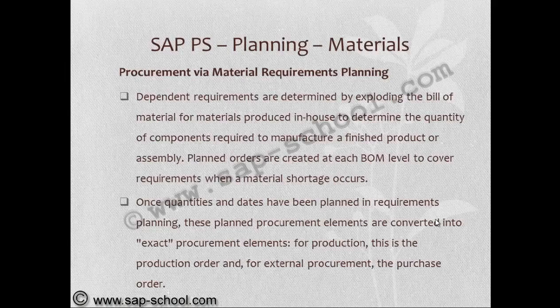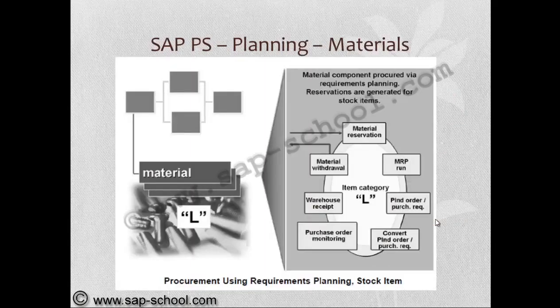So this process is called MRP, Materials Requirement Planning. In the case of a stockable item, what we have learnt is that initially the material reservation will be raised and the MRP run will happen.